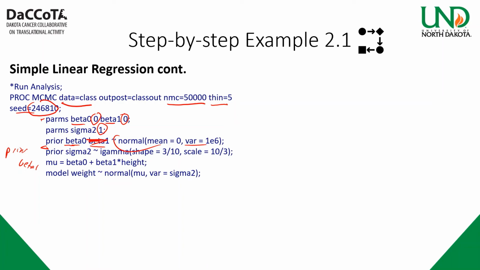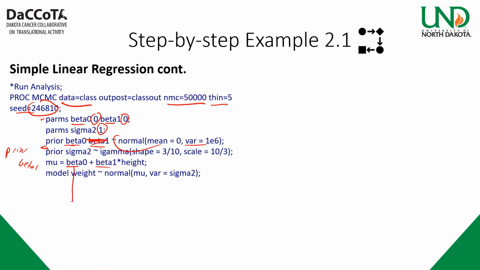And prior sigma had an inverse gamma with 2 shape parameters. And then our model is going to be down here, but first we need to find mu that's going to go in the model. So it's going to be beta 0 plus beta 1 times height. Here it's confusing because this beta doesn't mean a beta distribution.